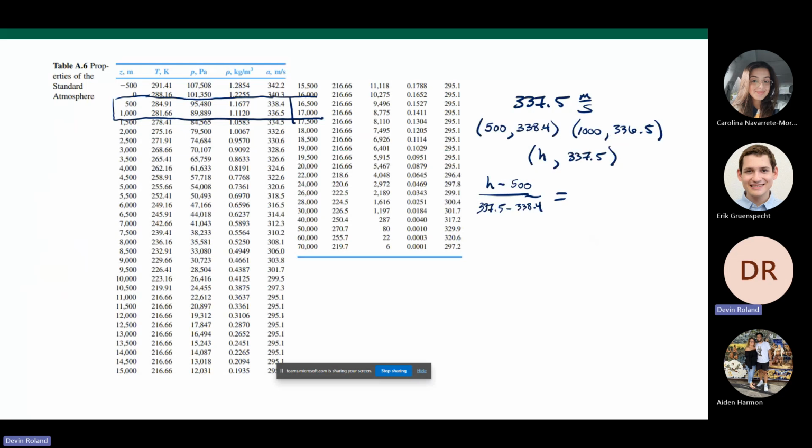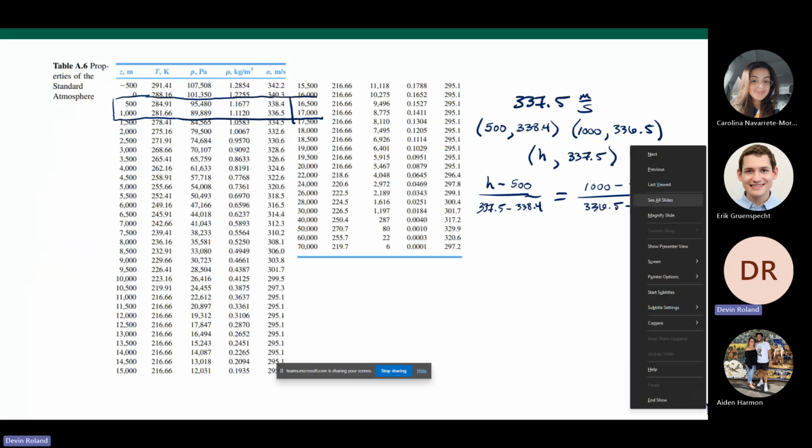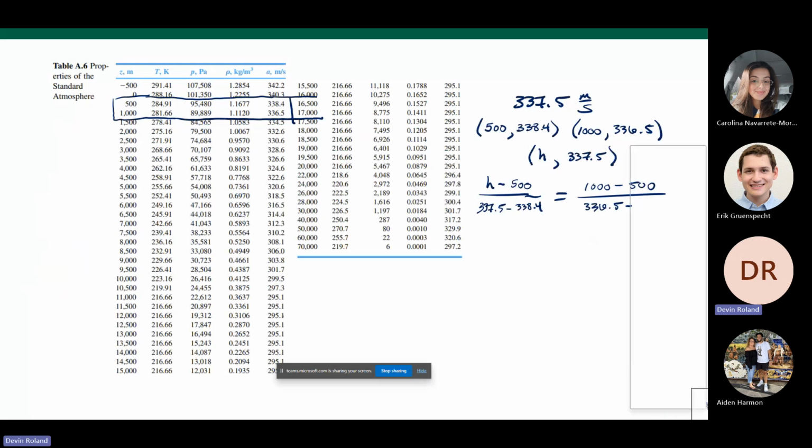And on the right-hand side, we will have 1,000 minus 500 divided by 336.5 minus 338.4. Okay.